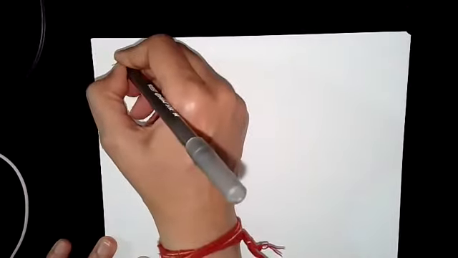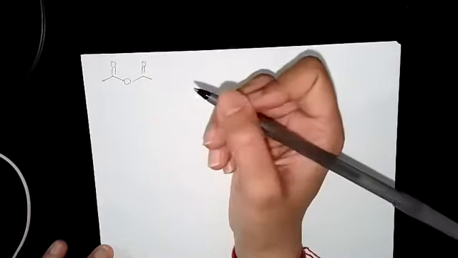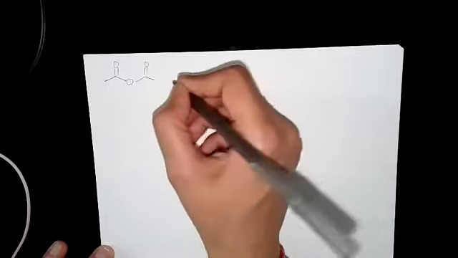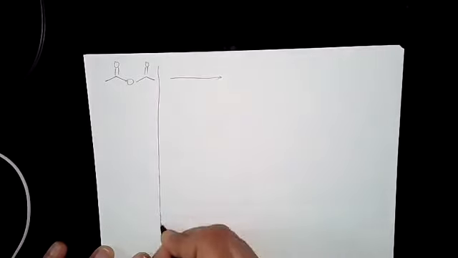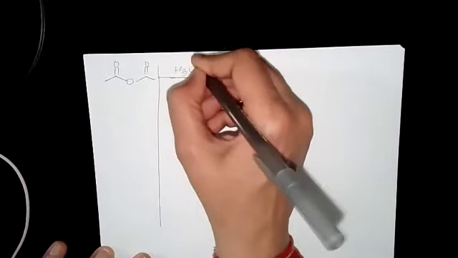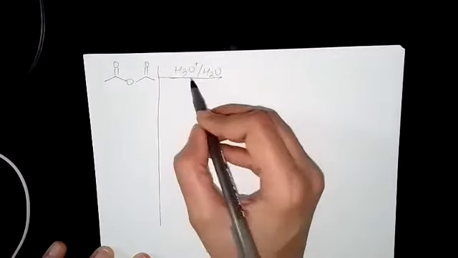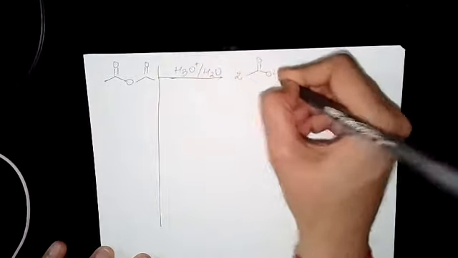Okay, so the next are the reactions with anhydride. Again, I'm going to take a very generic kind of anhydride. It's a symmetrical anhydride, and under acidic conditions and a lot of water, we are going to hydrolyze it into 2 molecules of acetic acid.